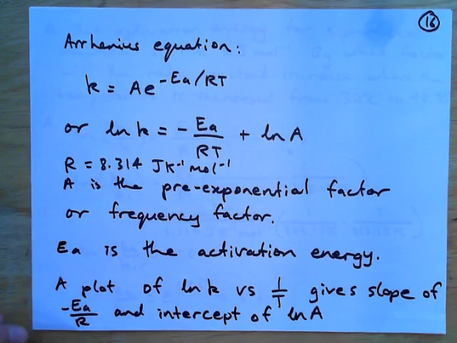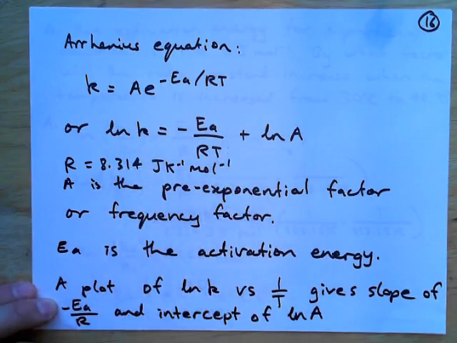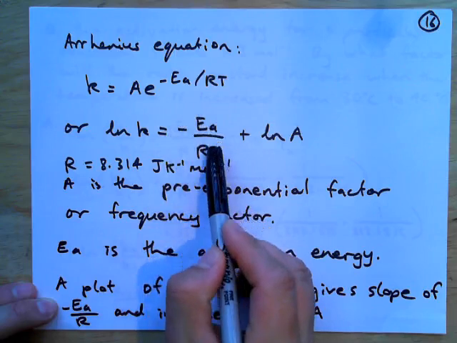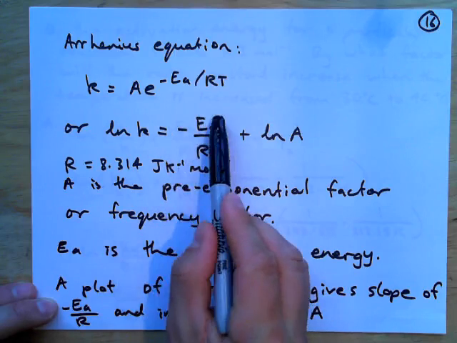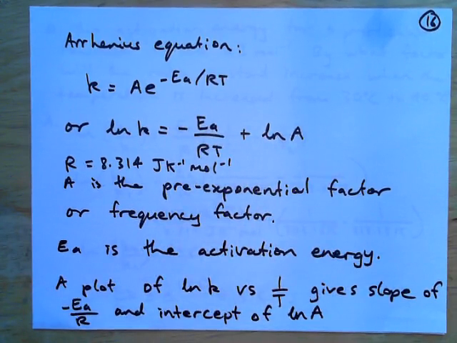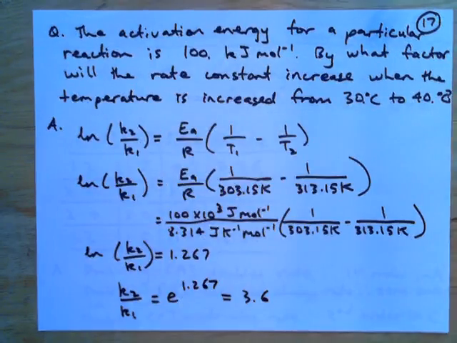So if we plot the natural log of k versus 1 on T, the minus Ea on R is like our gradient, our slope, and so gives a slope of minus Ea on R and an intercept of natural log of A. Okay, so that's a very, very common plot. In order to calculate activation energy, you'll plot the natural log of the rate constant versus 1 on T, and that'll give you the value for that activation barrier.